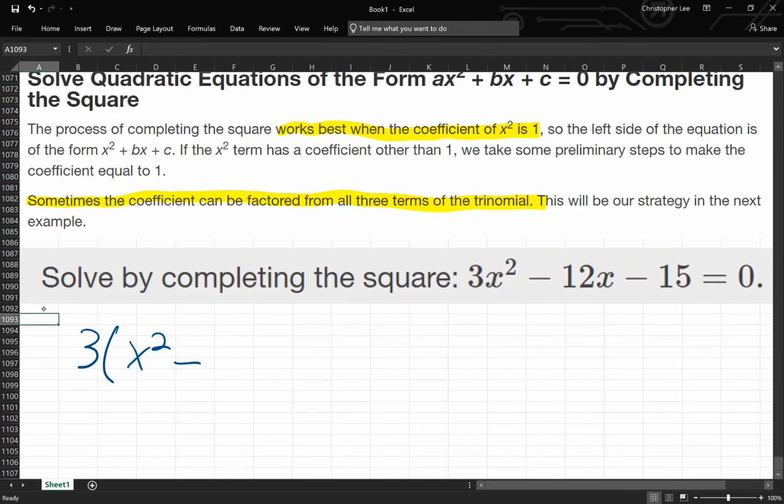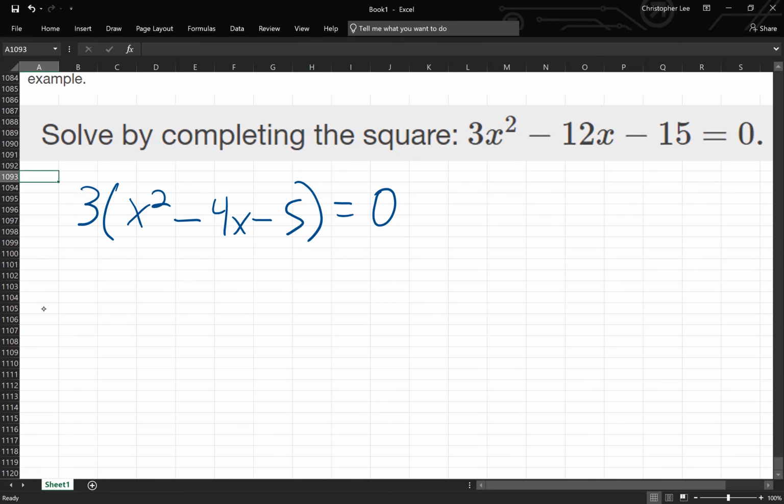And then after that, I'm going to complete the square, but just with the part that's inside of the parentheses. Not going to worry myself about the 3 that's on the outside, right? So you already know I want to isolate my constant term.